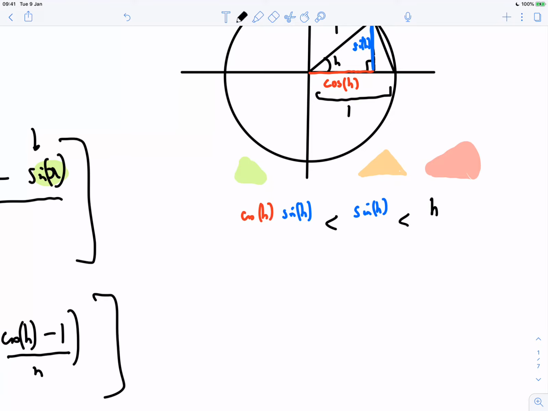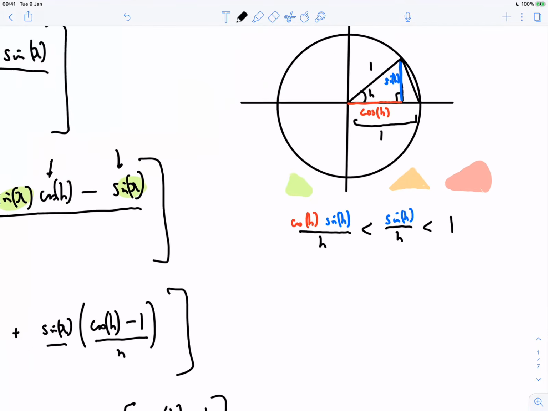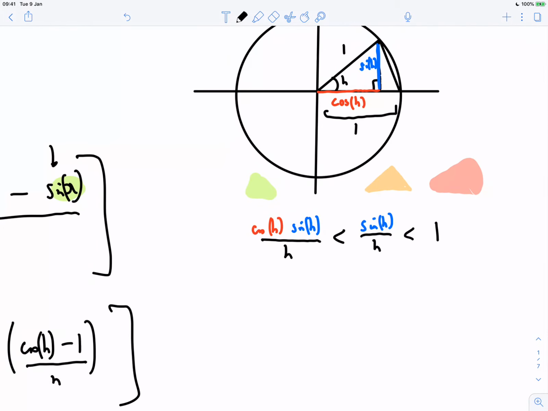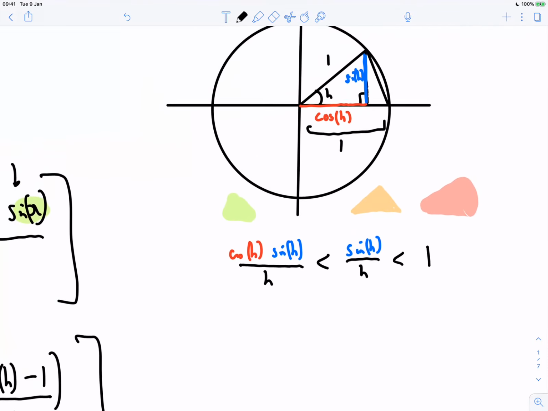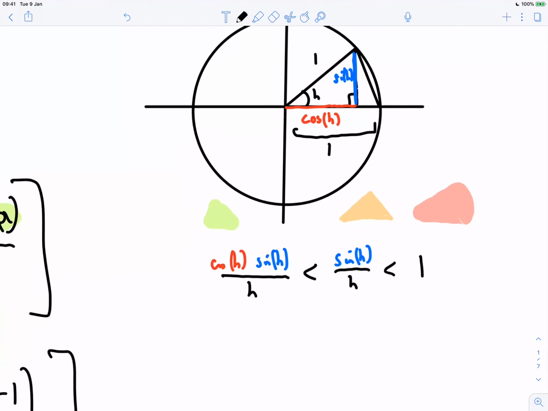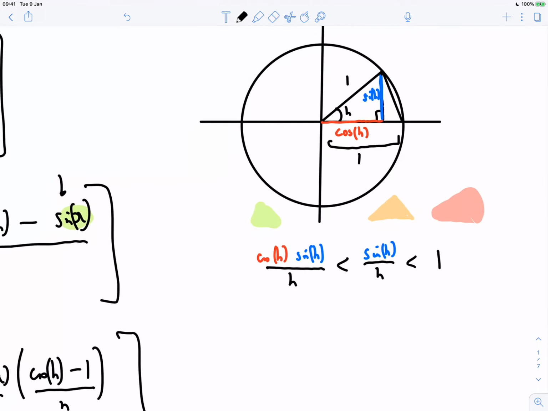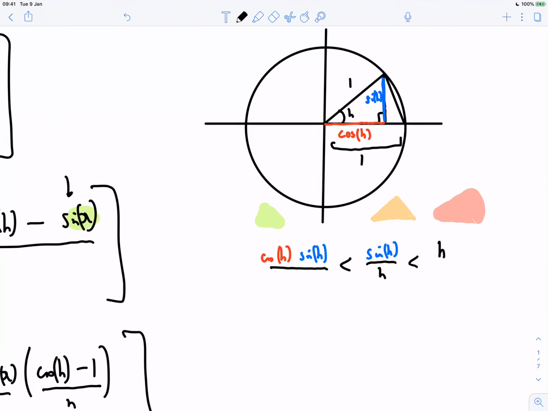So if I divide by h, this becomes over h, this becomes over h, and h over h becomes a 1. I think maybe I need to back it up. I think I've missed out one shape. Let's back it up. Over 2, over 2, over 2.